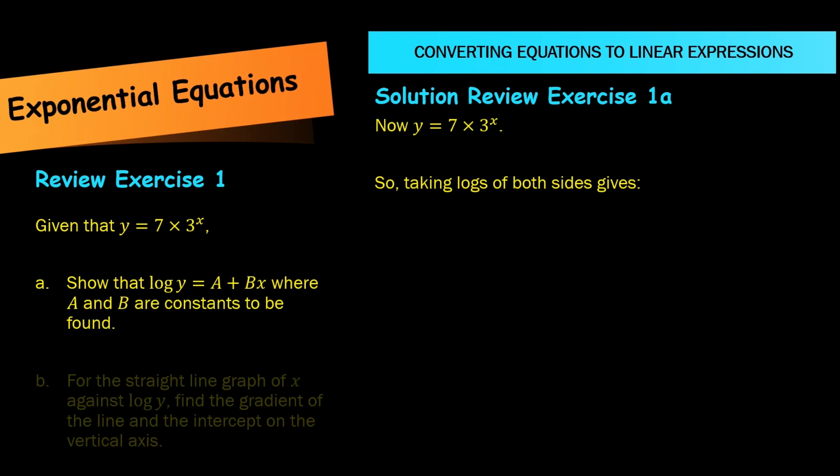Taking logs of both sides gives us log y equals log of 7 times 3 to the power x. This equals log 7 plus log 3 to the power x.